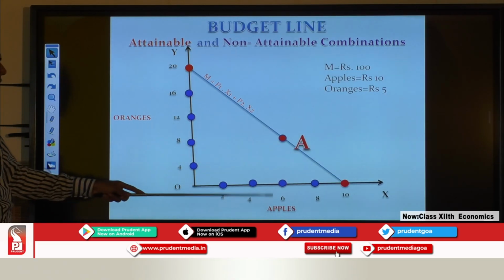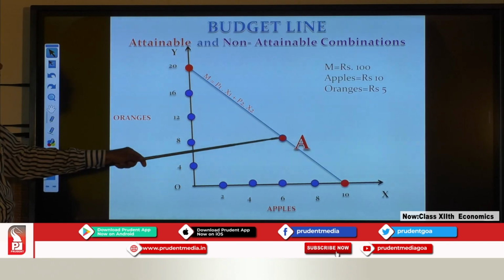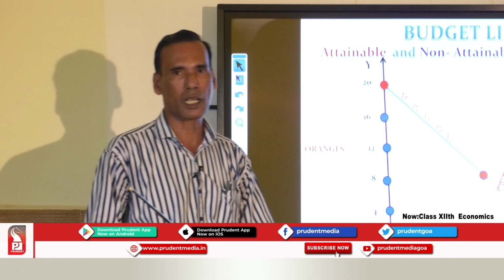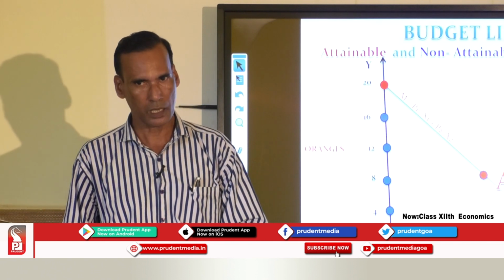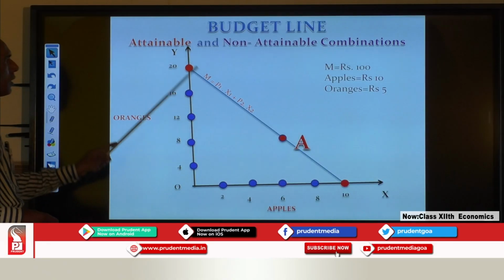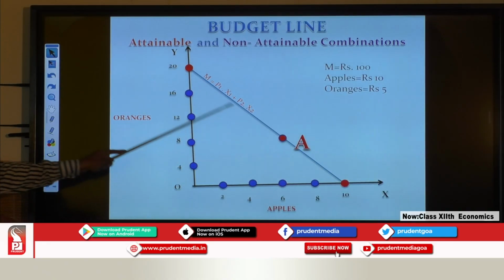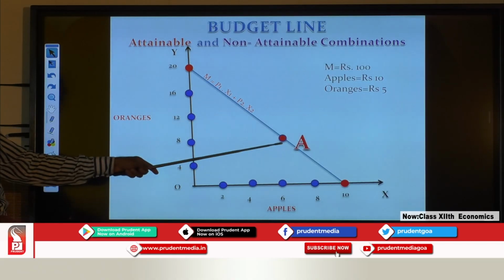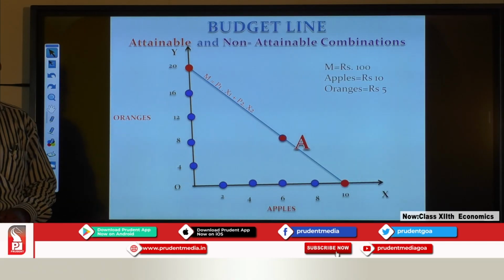So 60 and 40 make 100 rupees. The full income is utilized by the consumer. So the budget line indicates all those combinations which are equal to the income, and these are called attainable combinations.